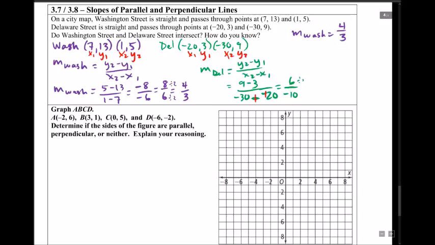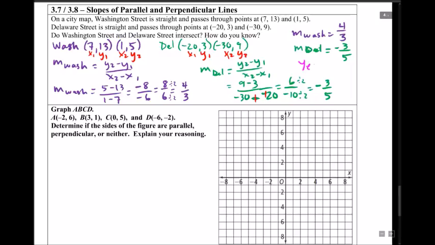I'm going to divide both of these by 2 to reduce them. So that becomes a negative 3 over 5. So I know the slope of Delaware Street is a negative 3 over 5. Are our slopes parallel? No. They're not perpendicular either, but they are not parallel.